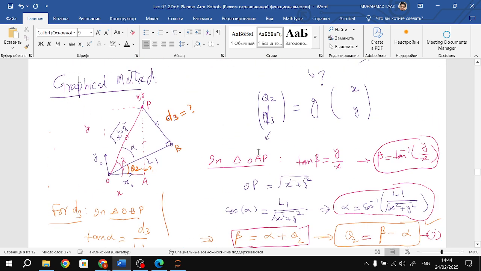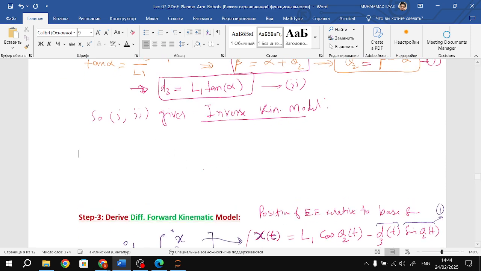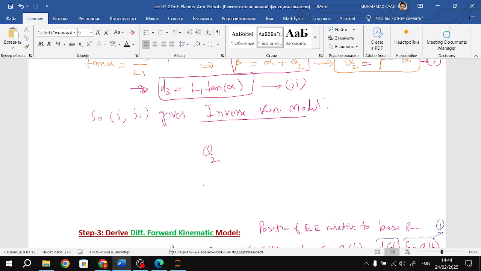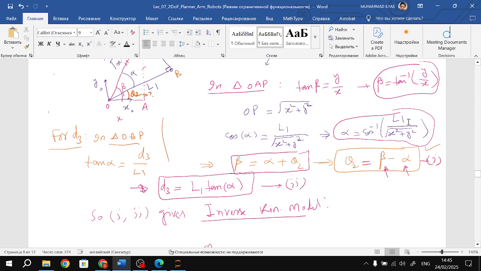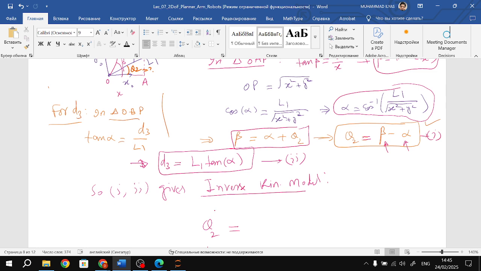So now you see that theta 2 and, let me make more space. So theta 2 is your theta 2 variable and d3 variable. If you write in the complete form, first we write the alpha, this one and this one. Okay, beta. First we write beta is equal to tangent, I am writing the complete form.